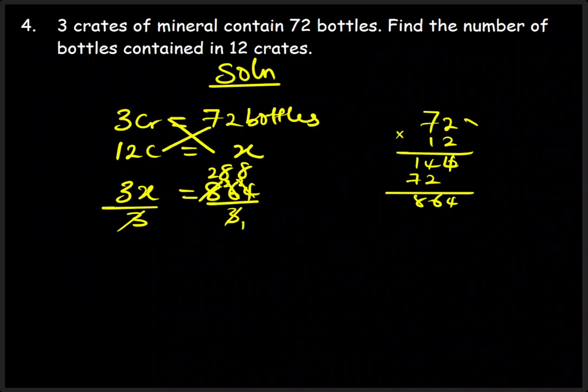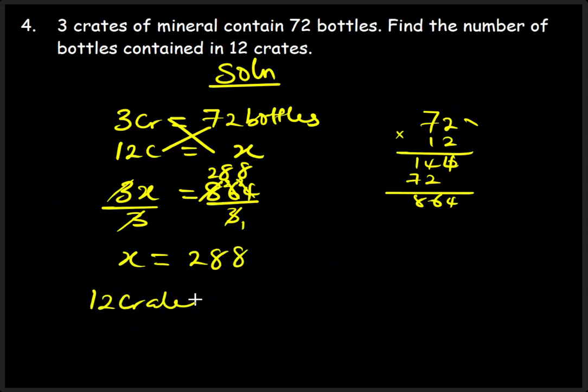So you have that x will be equal to 288. So that means 12 crates will be equal to 288 bottles.